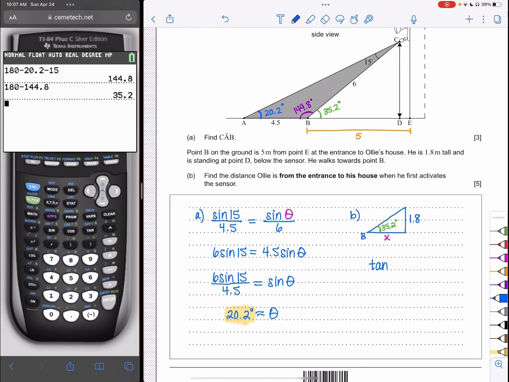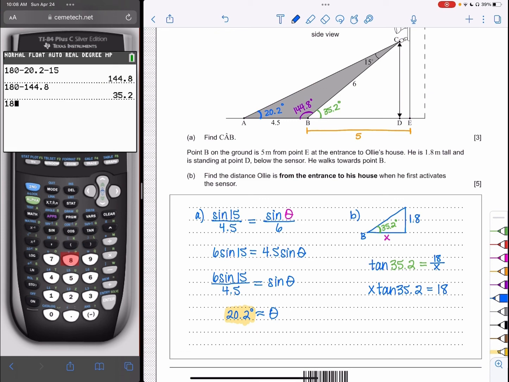So I will say the tangent of 35.2 is going to be equal to 1.8 over x. If I multiply, I'm going to have x times the tangent of 35.2 is equal to 1.8. And then I will have to divide by tangent of 35.2.